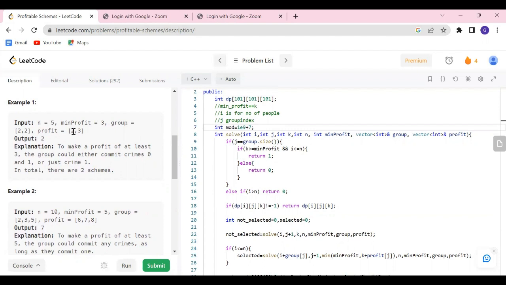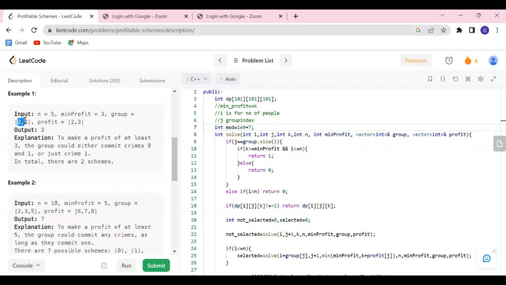So if we go with this 2, we have the possibility that we take 2 and we do not take 2. If we take 2, what is the profit? Profit is 2, but it is less than 3, so we cannot count that possibility.